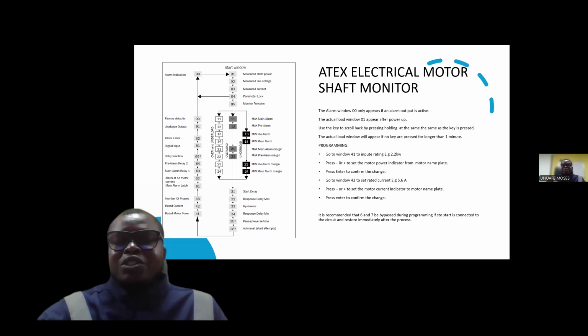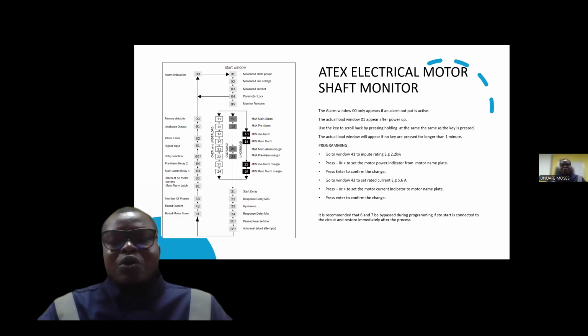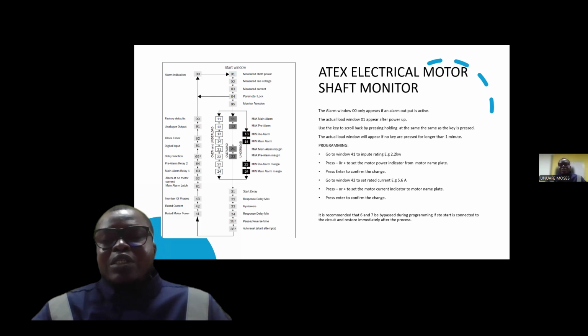Now, let's take, for instance, that a motor is supplied to a site, and the motor rating on the nameplate is 2.2 kilowatts. For us to program this, let's follow the steps below. We have to go to window 41 to input the rating of 2.2 kilowatts.